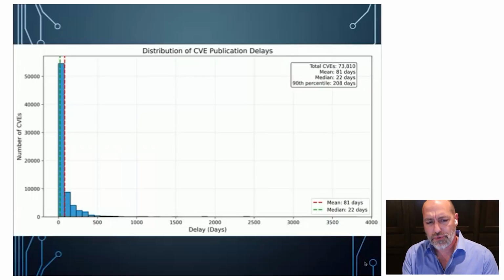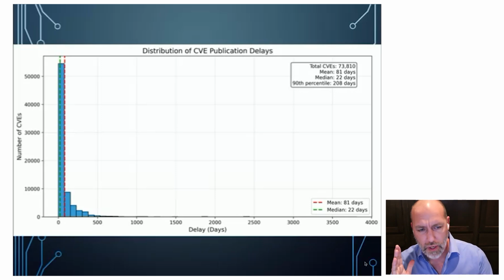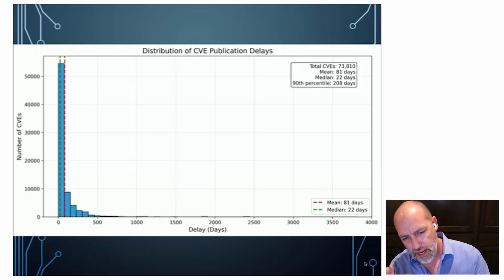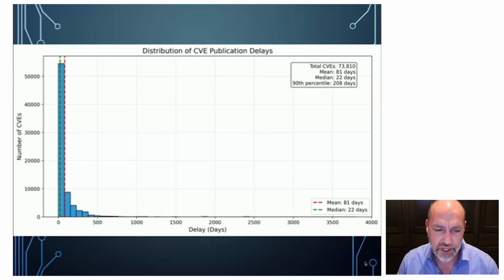So then I looked for the distribution of how long it takes between the time that they are asking for a CVE number and the time it takes for them to launch that to the world, to actually give this information out. So as you'd expect, there's a nice sort of logarithmic falloff there.